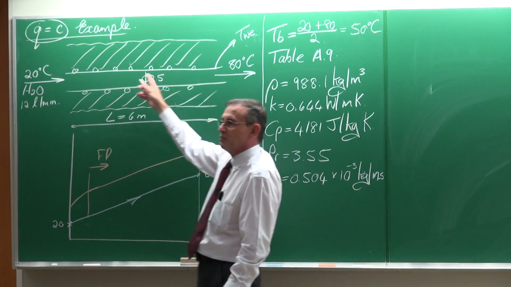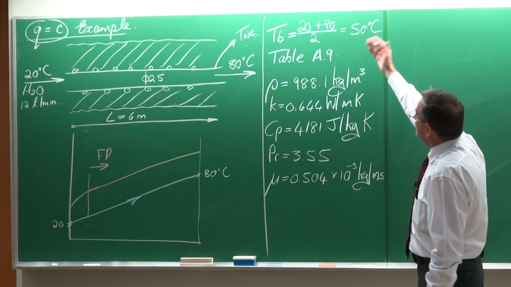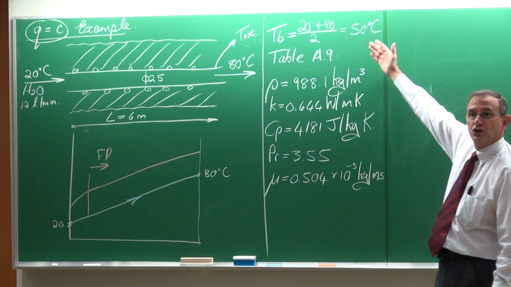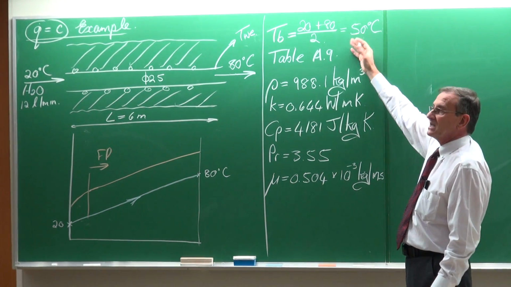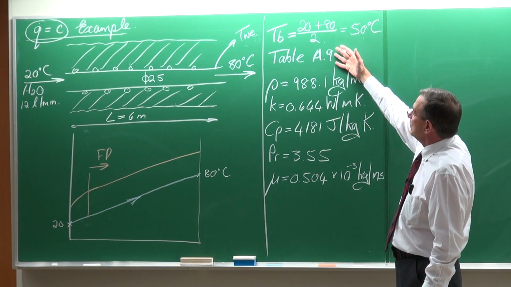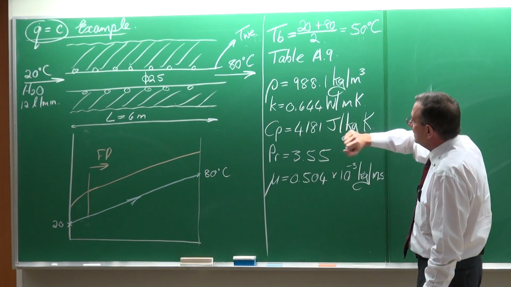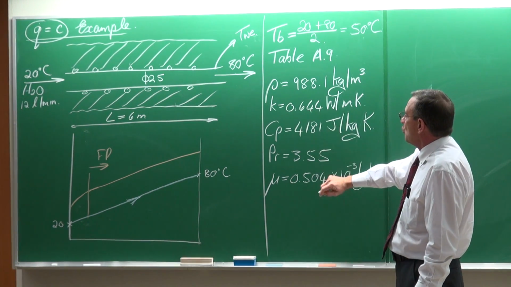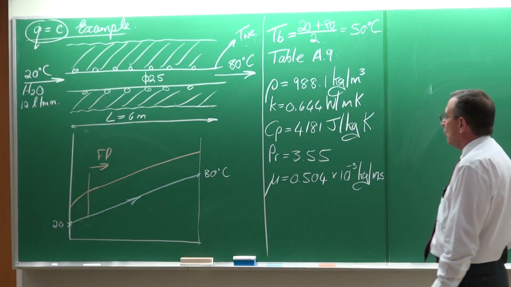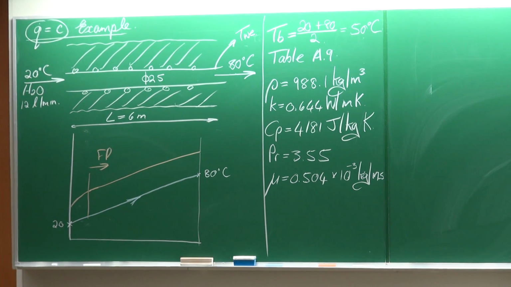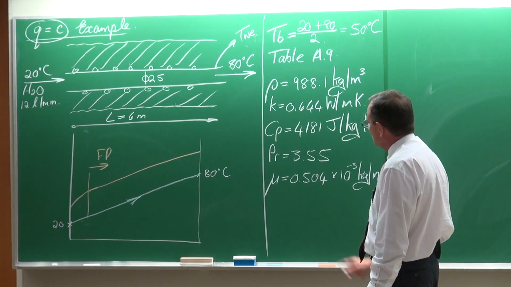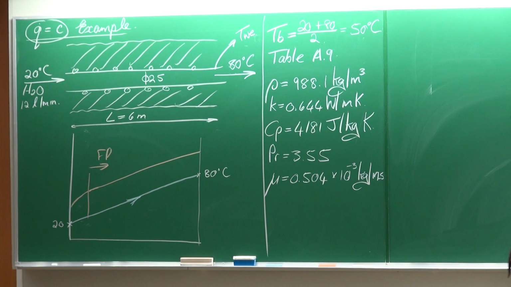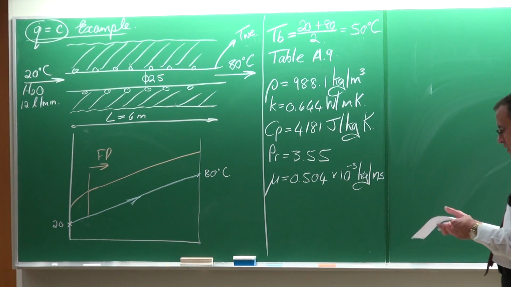We've got the inlet temperature, the outlet temperature, 20 plus 80 divided by 2. So we get the properties at the temperature of 50. In table A9, the density 988.1, thermal conductivity 0.644, the Cp 4181, the Prandtl 3.55, and the viscosity 0.504 multiplied by 10 to the minus 3.